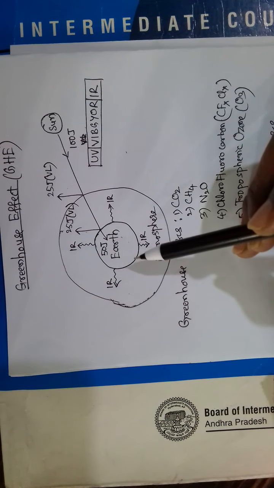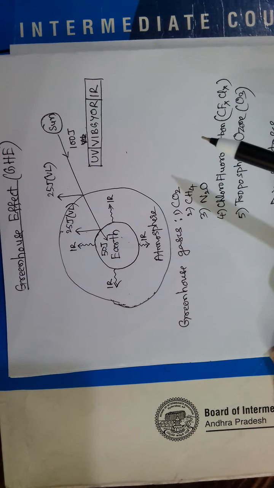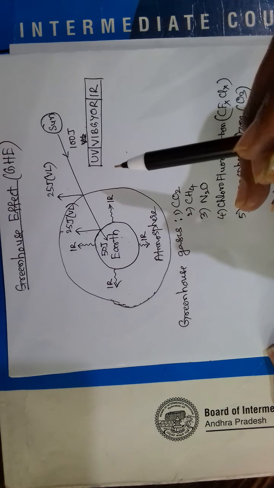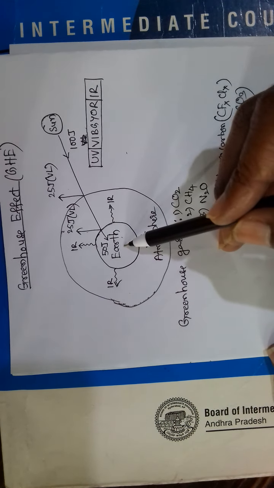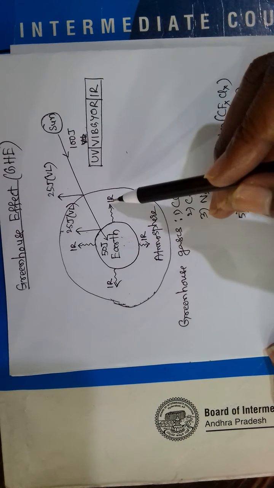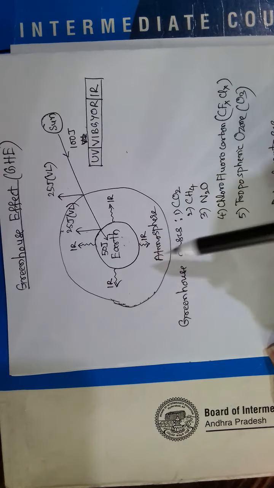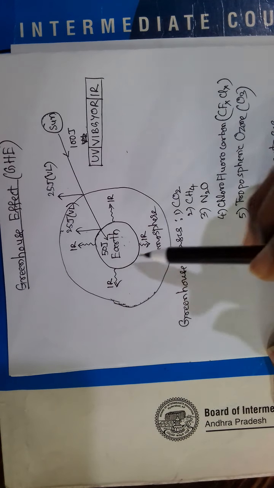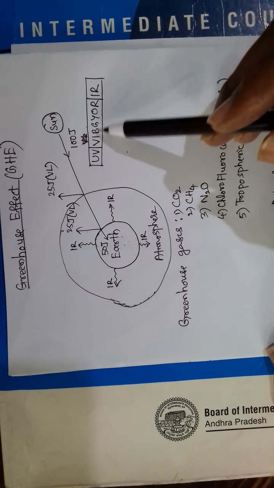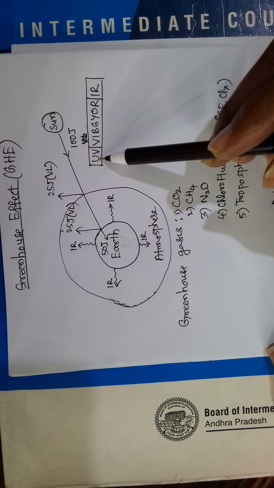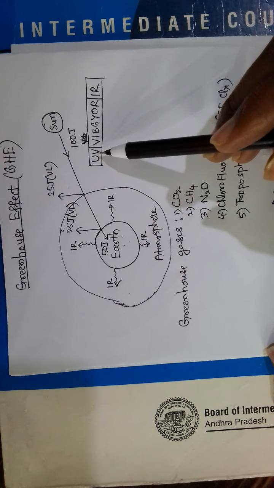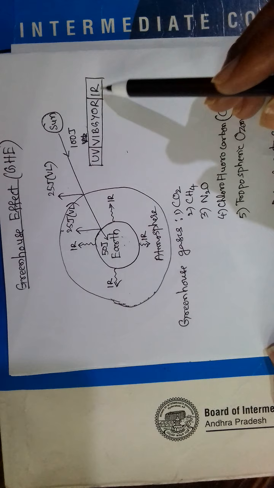Afterwards, it emits the radiation, and the energy emitted by the earth is in the IR region. It doesn't emit visible light or UV light, but it emits IR radiation.